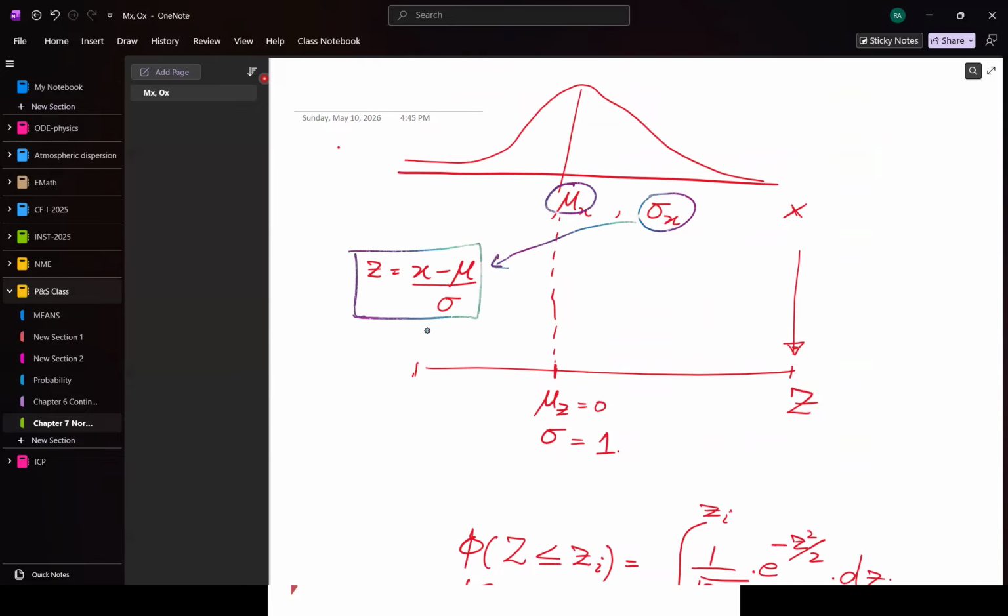And then with the z variable, we will use the probability distribution tables, we will get the probability estimates, and then we will utilize them in our interpretations.